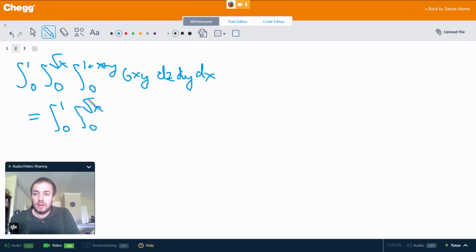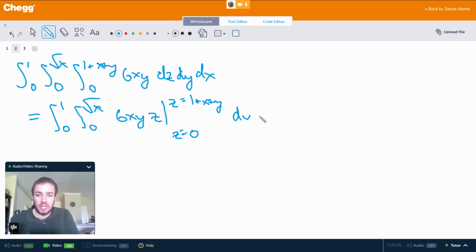Here we're integrating with respect to z first, so we just treat 6xy, the entire thing, as a constant. Which means when we integrate, we just get 6xy times z, evaluated from z equals 0 to z equals 1 plus x plus y.